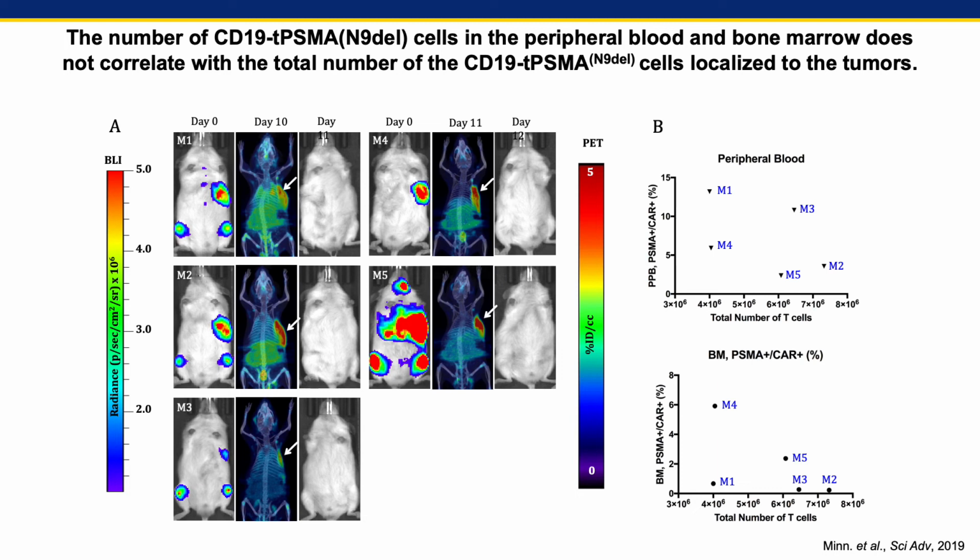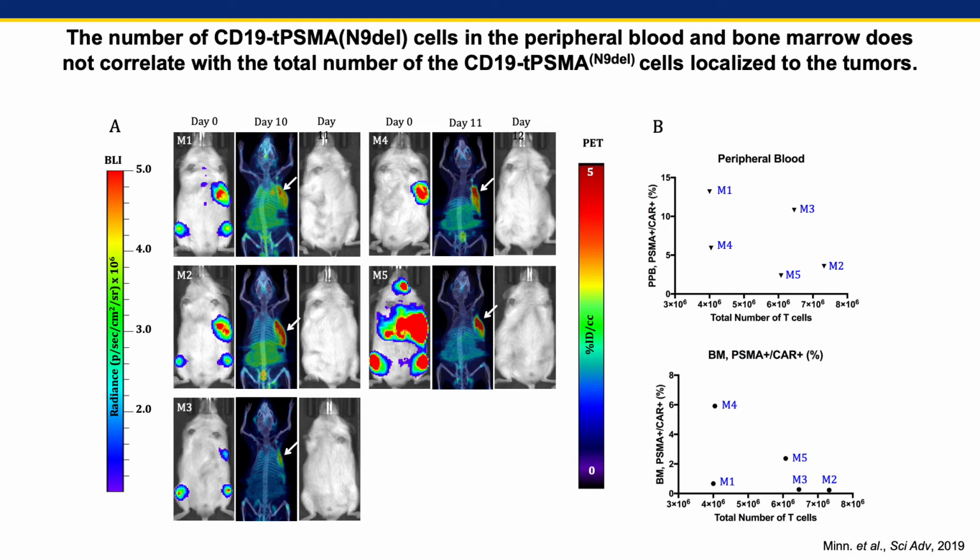So we designed a study where we try to correlate the amount of T cells in the peripheral blood and also bone marrow with the actual number of T cells, which were determined by our PET imaging.